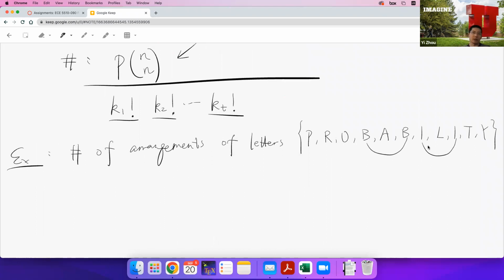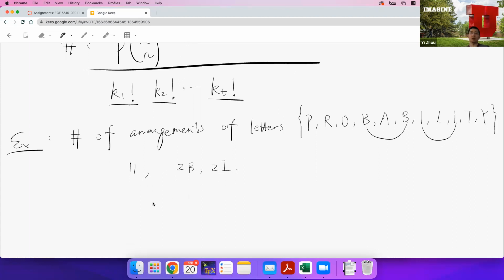So the number of arrangements means that we have 2 Bs, right? If you switch the positions among these 2 Bs, they are the same. They do not change the arrangement of all these letters. So in total we have 1, 2, 3, 4, 5, 6, 7, 8, 9, 10, 11 letters. And we have 2 Bs and 2 Is.